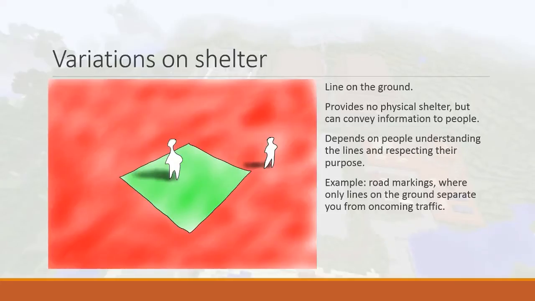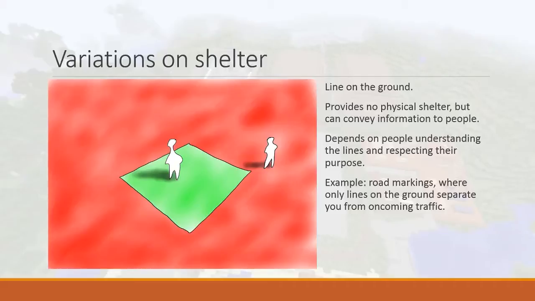As an example, if you think about roads, what stops cars from crashing into each other on the roads? Well, really, it's lines on the ground and the fact that people understand what the lines mean and they don't go into the opposite side of the road and smash into the other car. So if people understand what the lines mean and respect them, then lines can be a sort of shelter, like roads, and the cars stay in their own lanes.